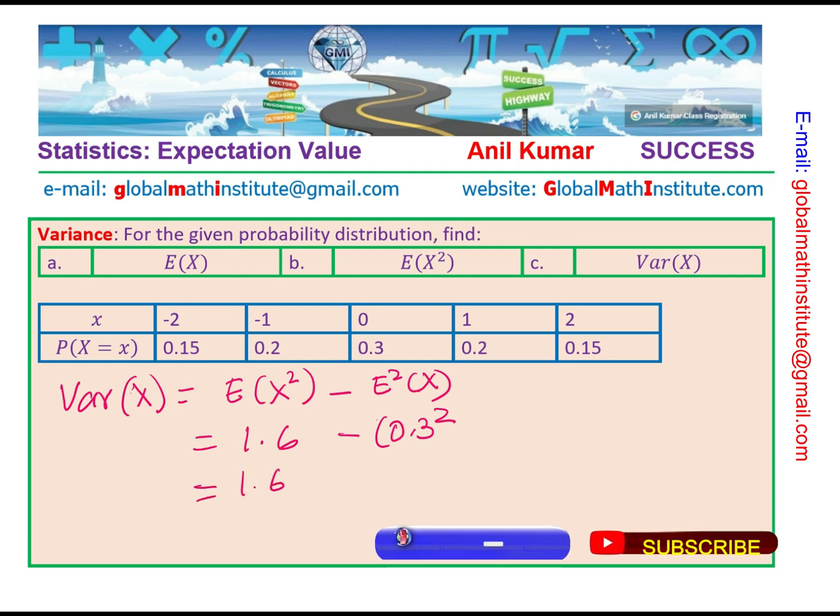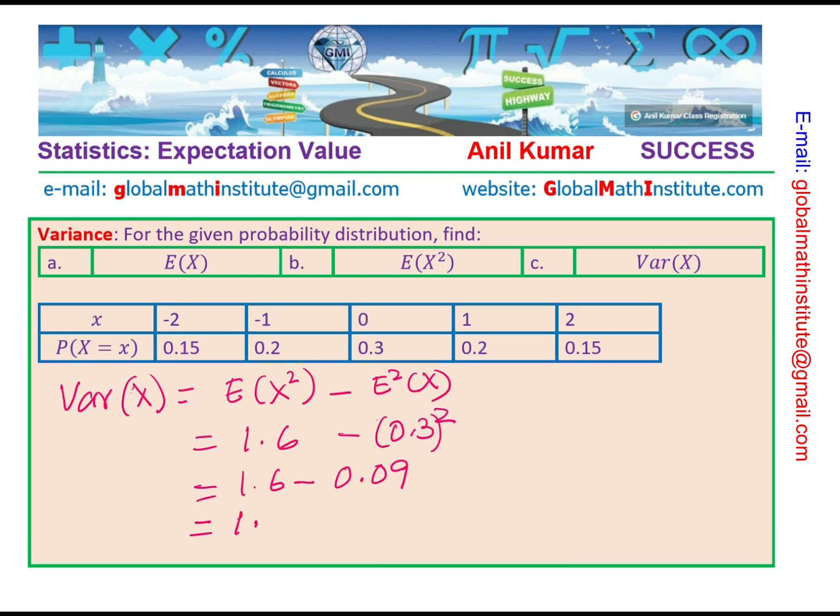Which is 1.6 minus 0.09, and that gives you 1.51. Correct? So that is how we can actually find variance from the expected mean. Perfect. So I hope with this you have understood a strategy how we can find the variance after finding the expected value and E of x squared along with the derivation.